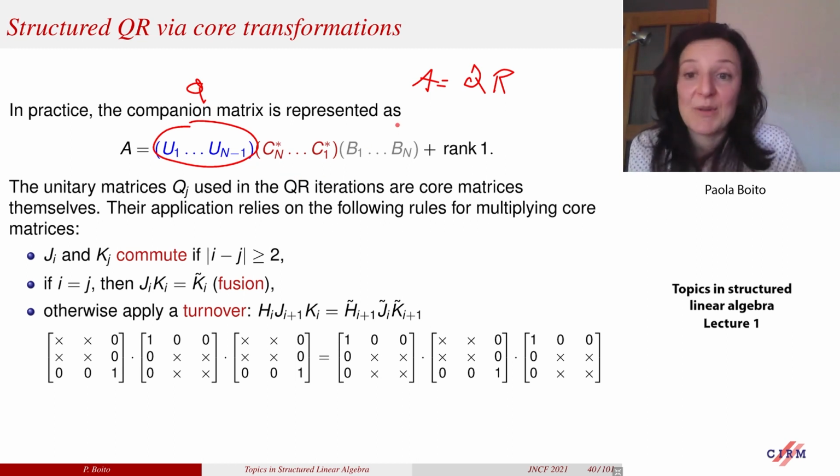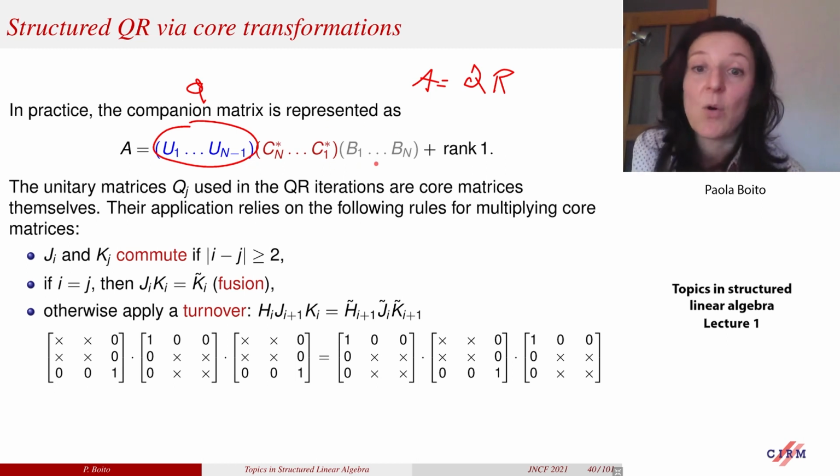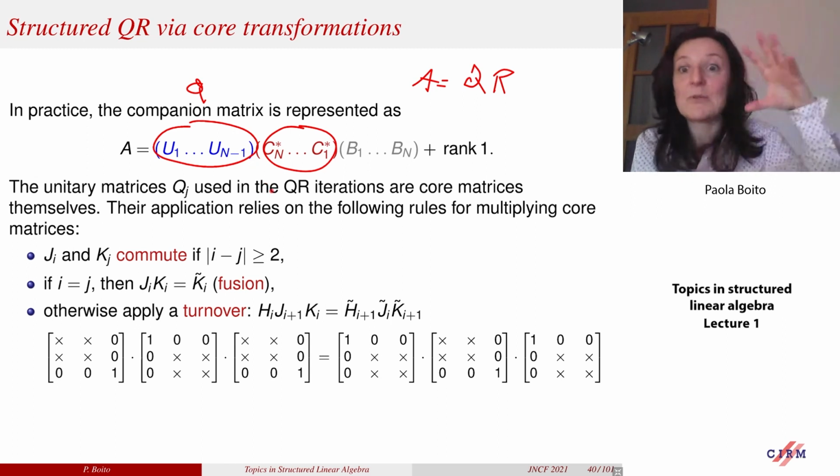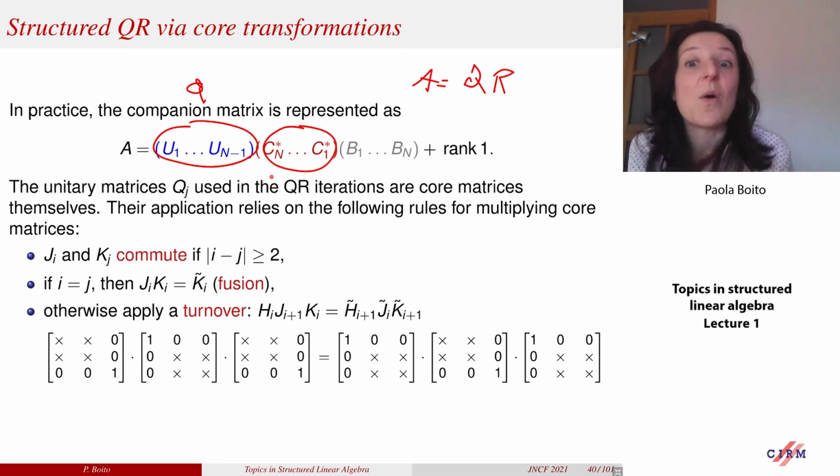And then the upper triangular part is factored as a product of all these 2 by 2 core transformations, where the Ci, these core transformations, are chosen so that they roll up, they put zeros in the rank 1 part.